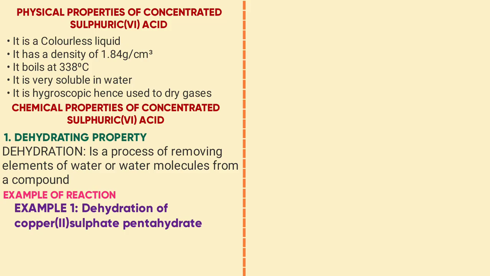A. Hydrated copper sulfate. The equation is copper sulfate pentahydrate, arrow, concentrated sulfuric acid, gives you anhydrous copper sulfate plus 5 water.